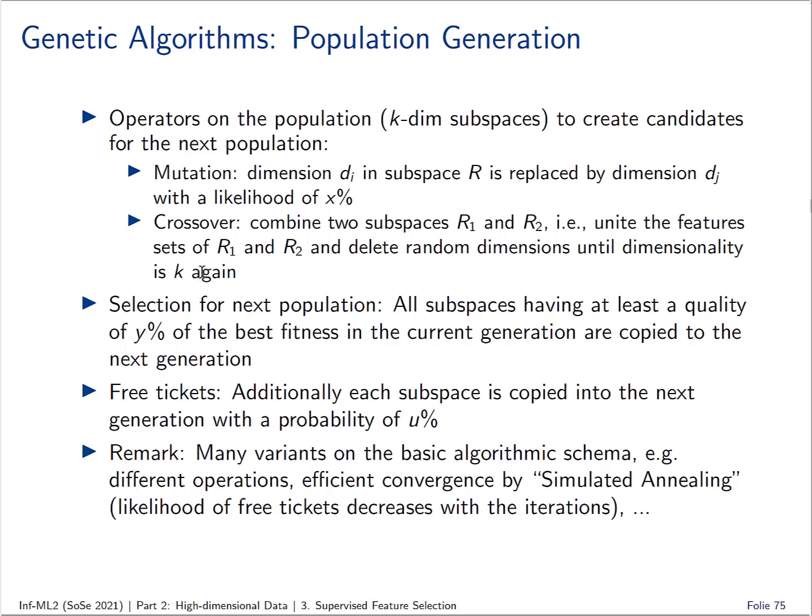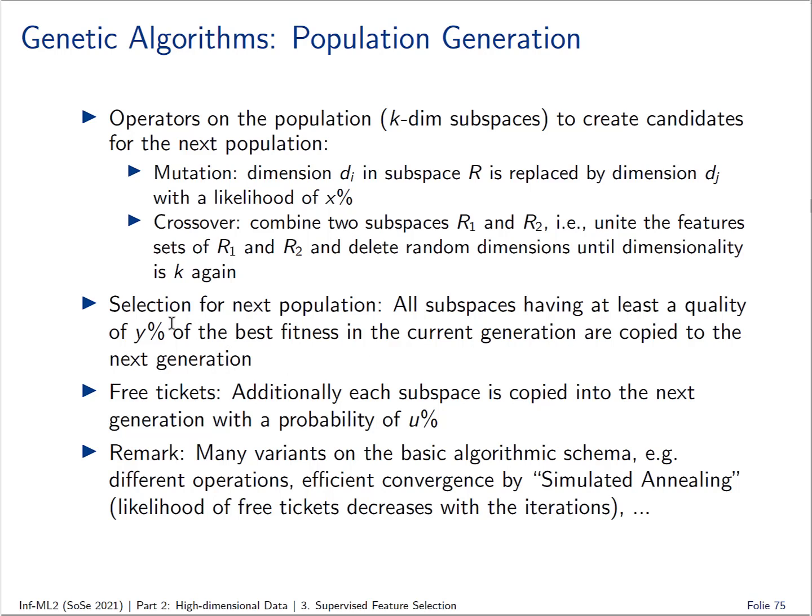And then we also have a selection for the next population. The percentages, X% for the mutation and Y%, are very often input parameters here. So the Y% of subspaces having the best fitness, the best quality in the current generation, are copied to the next generation.